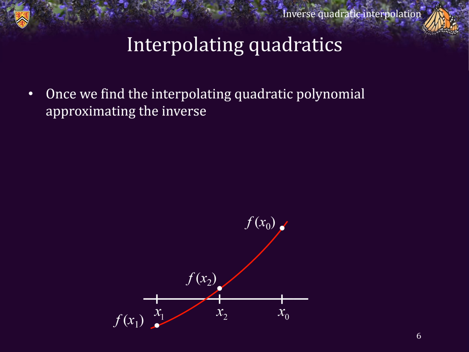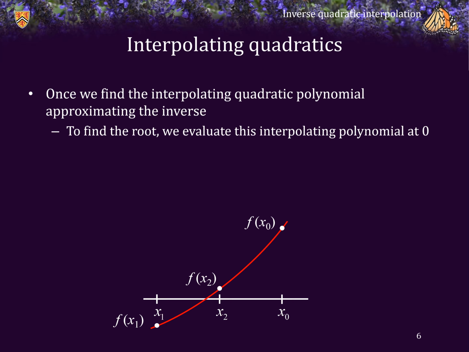So, once we find an approximation of the inverse, which is our interpolating quadratic polynomial, then all we have to do to approximate the root is to evaluate this interpolating polynomial at 0. Wait a second. If we have an interpolating polynomial and we are evaluating it at 0, that means all we really need is the constant coefficient.